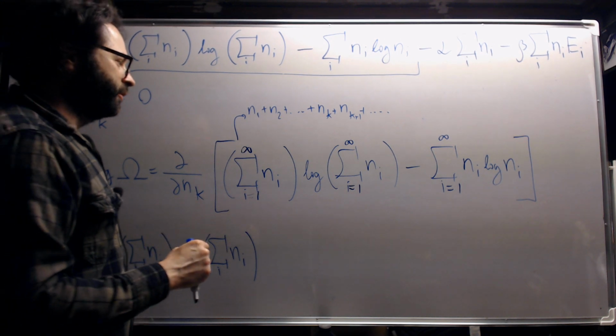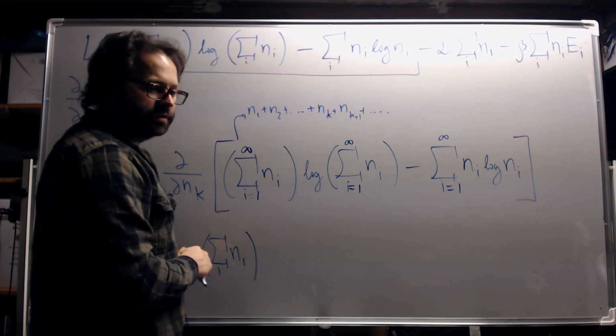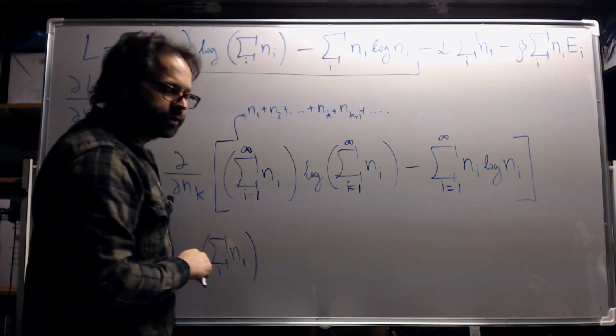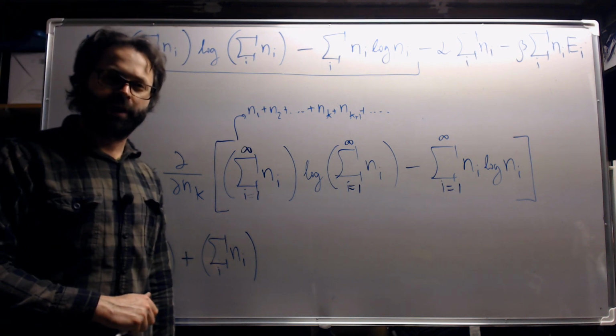So first of all, before we do that, this is a log of a function of a bunch of variables. So there is an inside function, just like that, and there's an outside function, log. And when you have this inside-outside function, you of course use the chain rule from calculus.